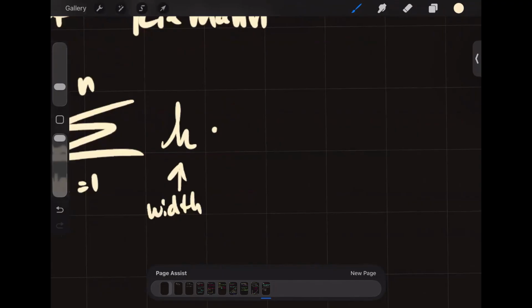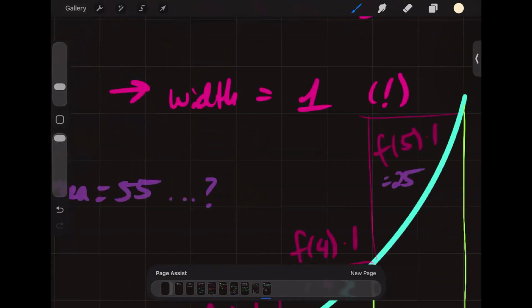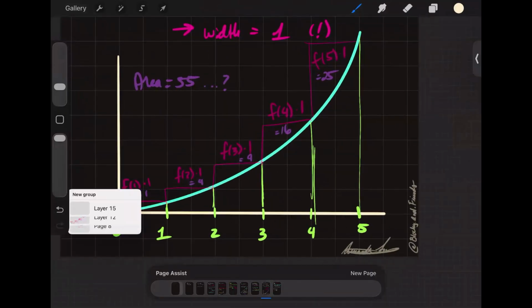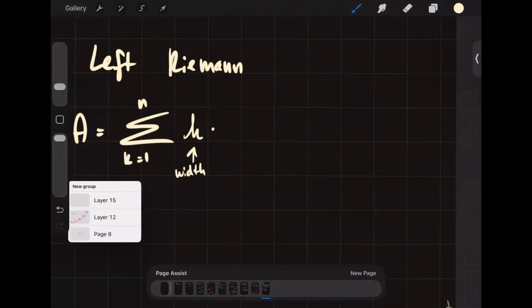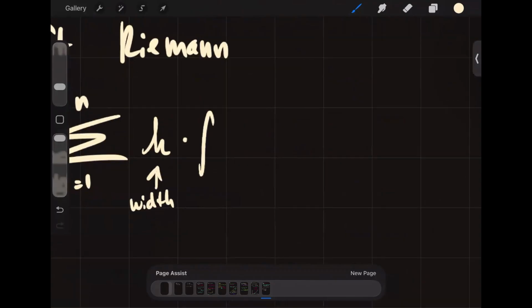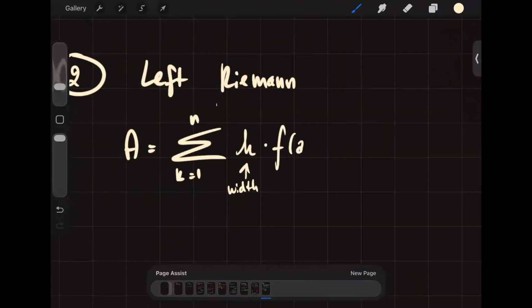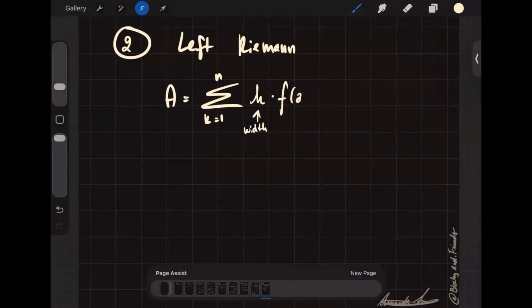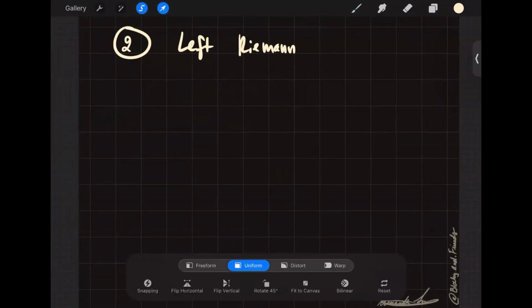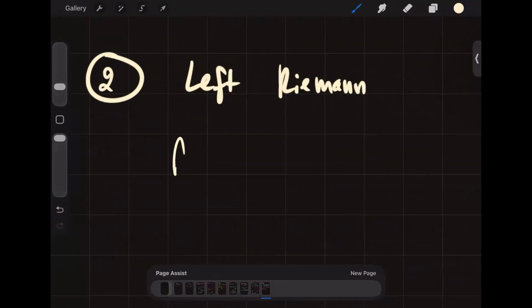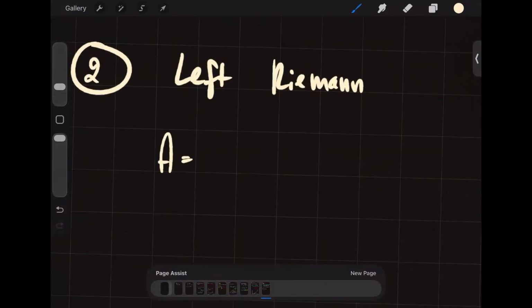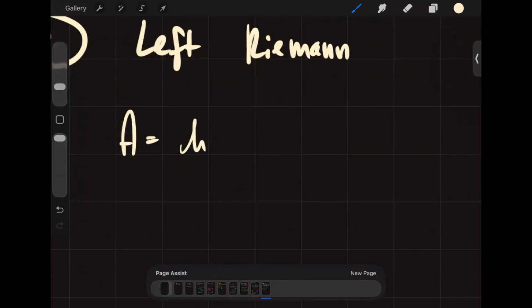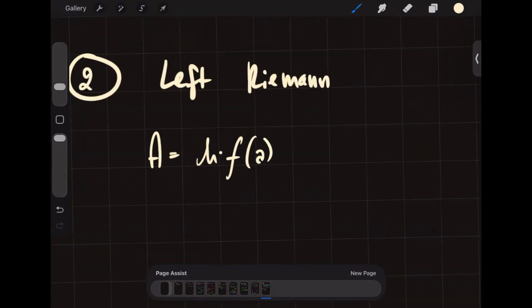How do you find the height? Well, if it's a left Riemann, you want to start with a. So you say f of a. But you're doing it as a bunch of partitions, so let's do it a different way. The area is equal to the width of each rectangle times f of, well, it's a left Riemann, so f of a.